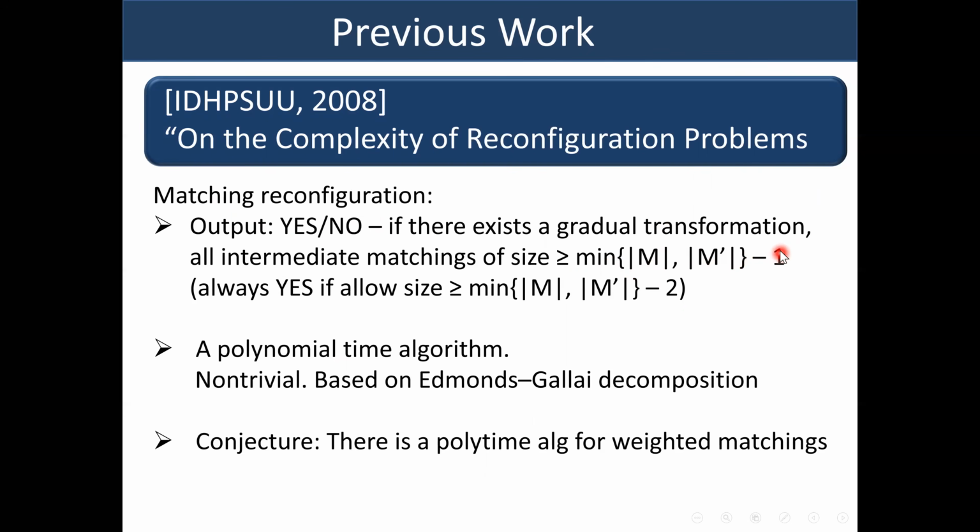Again, it's not always possible, so the answer should be either yes or no. Their argument, I would say, is non-trivial, and it is in particular based on the Edmonds-Gallai decomposition. They also conjectured that one can get a similar result for weighted matchings.